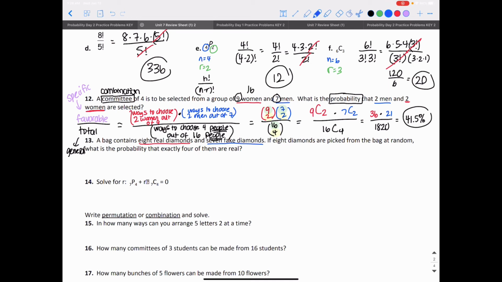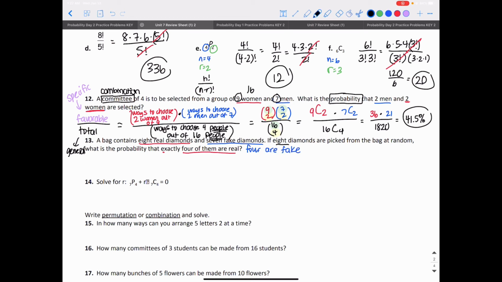I want to know if 8 diamonds are picked from the bag at random, so that's the total. So 8 diamonds total. I want to know what's the probability that 4 of them are real, which means exactly 4 are real, so 4 are fake then, if I'm choosing 8 total.